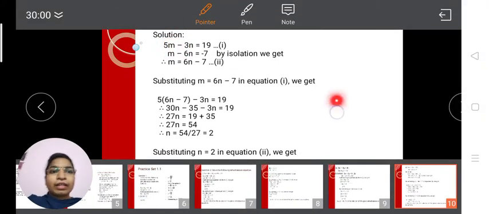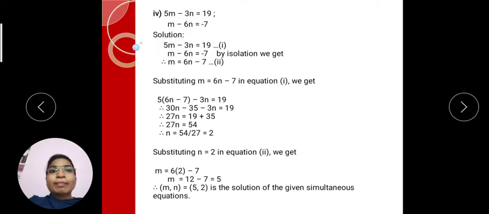Here I solve this example by the substitution method. Means I am using the second equation and isolating it. After isolation, I will get the value of m is equal to 6n minus 7. Listen, this first equation is as it is. This second equation I isolated. After isolating the second equation, we get m is equal to 6n minus 7.